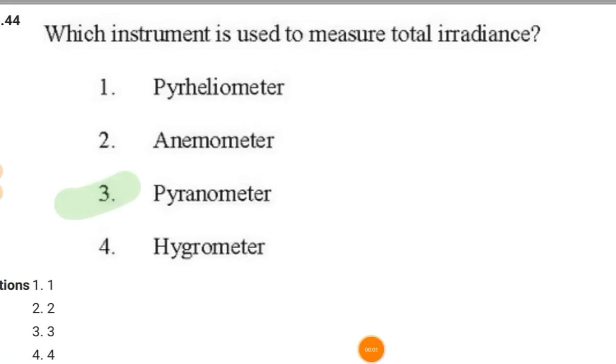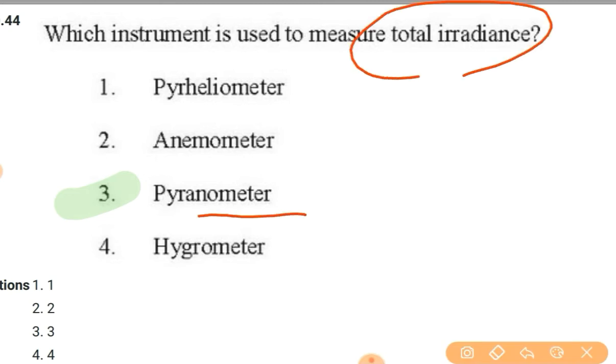Next question. Which instrument is used to measure total irradiation? It is pyranometer. A pyranometer is a type of actinometer. It is used for measuring solar irradiation.